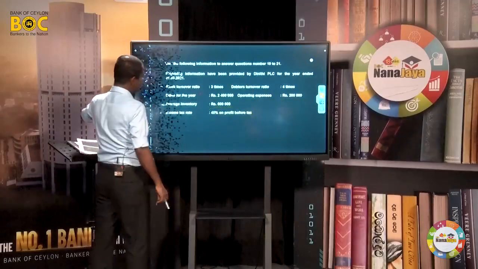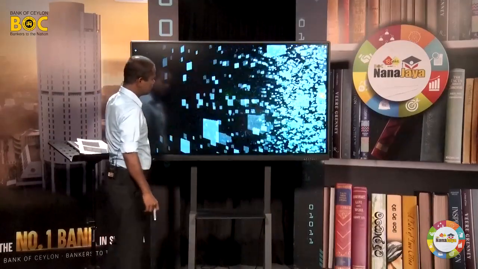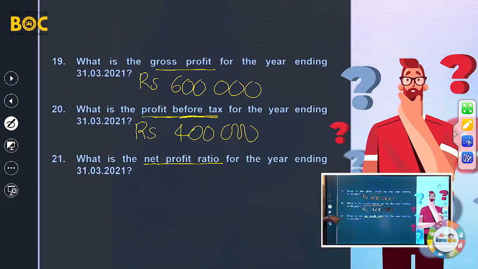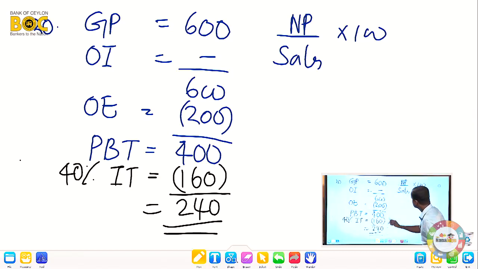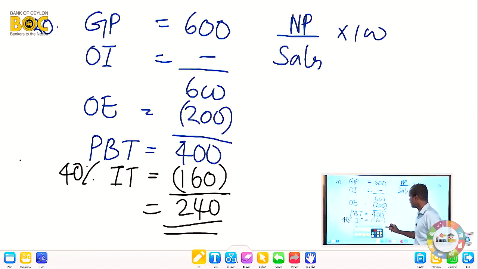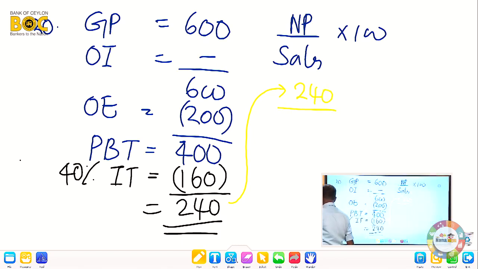The question requirement is what? Question number 21 requirement, net profit ratio. The net profit ratio, net profit is what we calculated, 240,000.